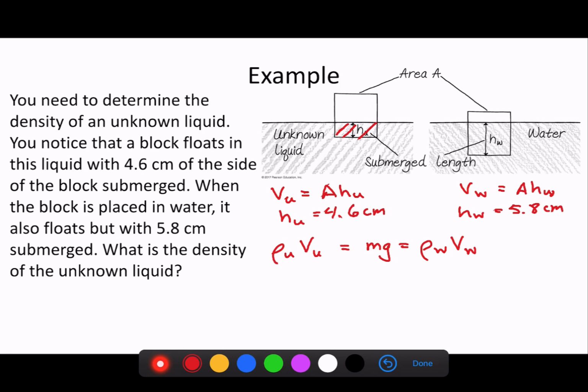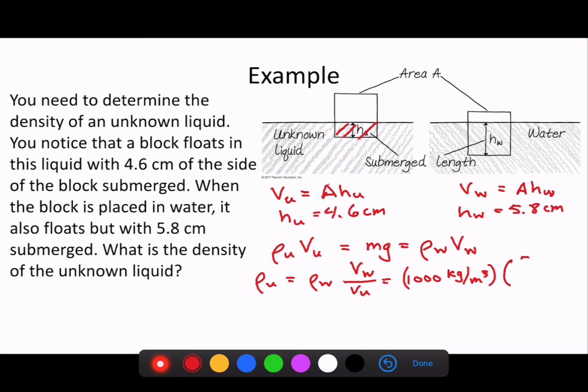So that means that the density of the unknown liquid times the volume displaced in the unknown liquid is equal to the density of water times the volume of water that's displaced. I divide both sides by the volume of the unknown liquid and plug in for the fact that volume is the area times the height that's displaced, I can go through, plug in my numbers.